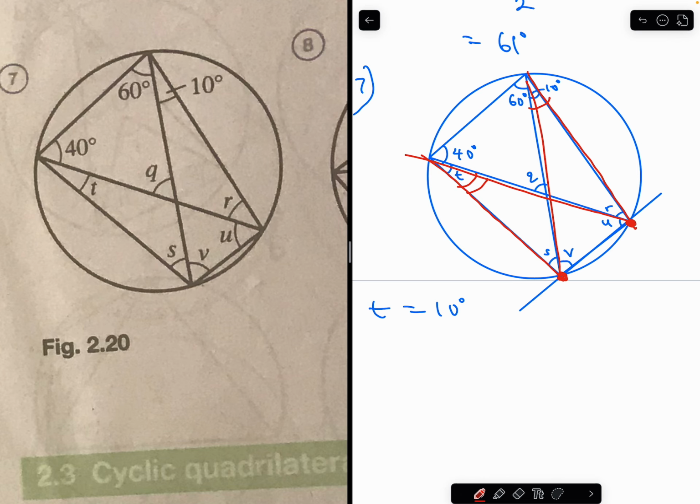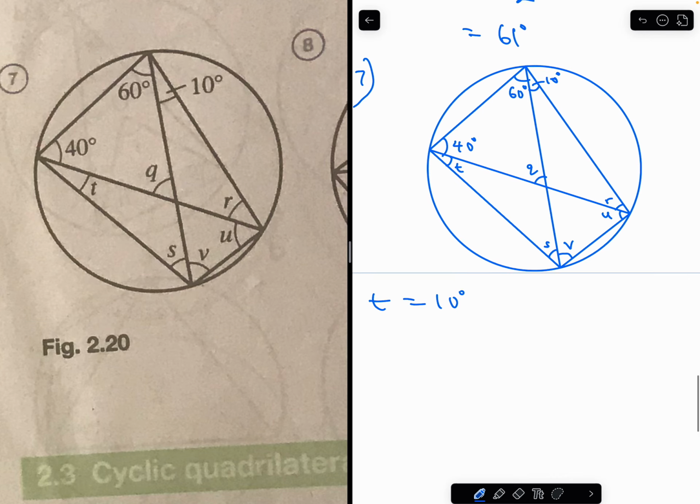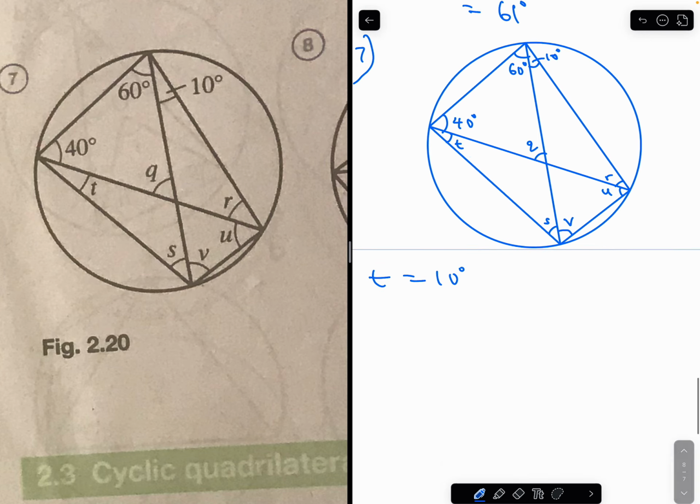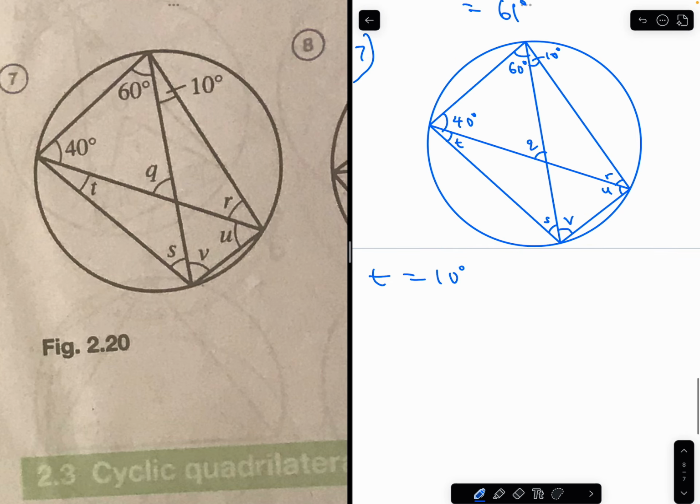So that means the angles that they form at the circumference are equal. You must make sure that those lines meet at the circumference and they touch the two ends of the chord that divides the circle into a major segment and a minor segment. So let's go.